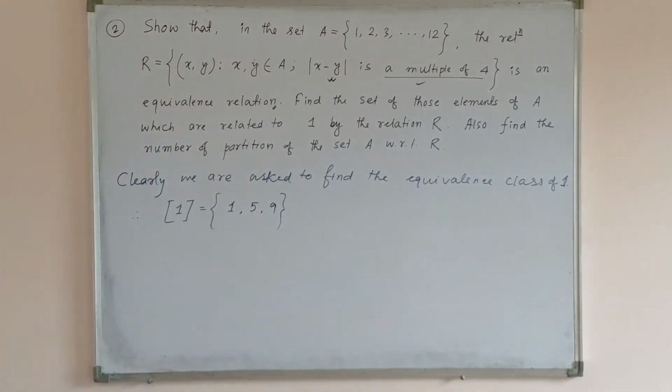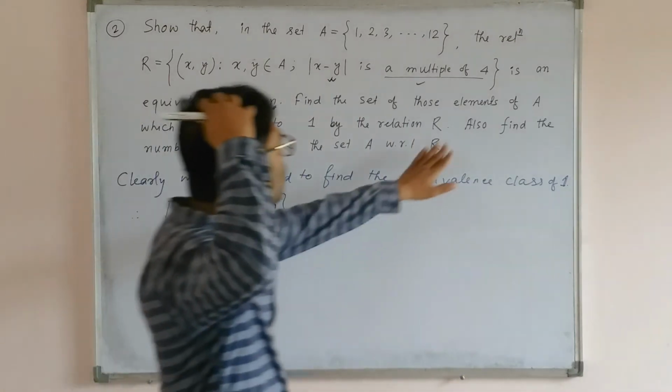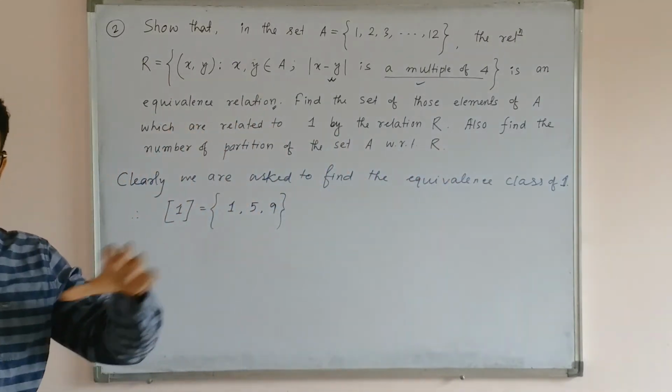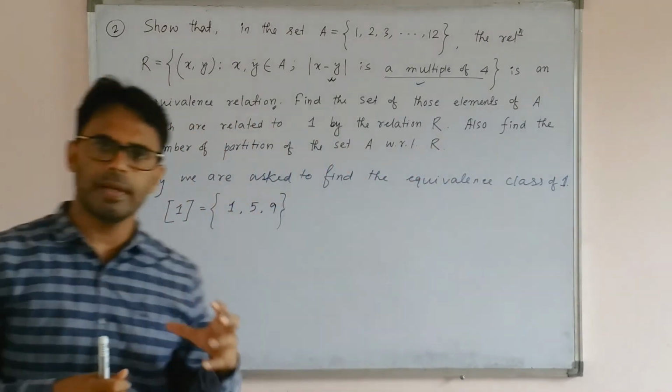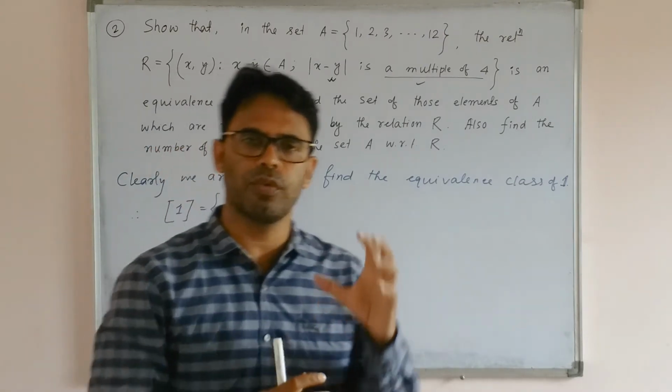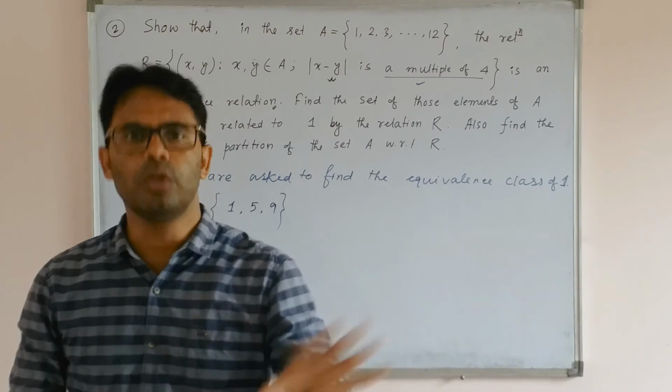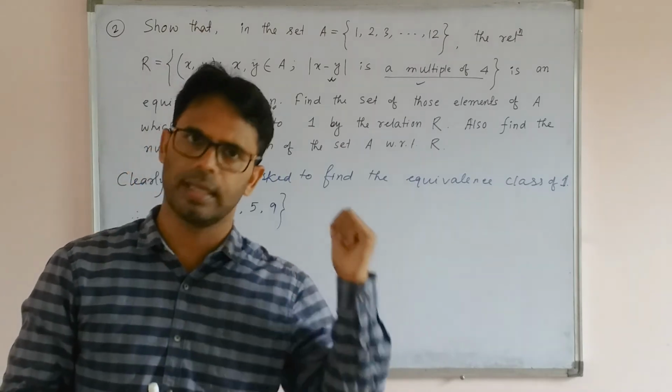The next question is to find the number of partitions of the set A. Whenever we are asked to find the partitions of the set, just find the number of equivalence classes of the set under the given relation.